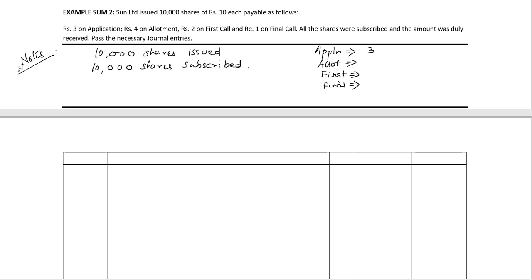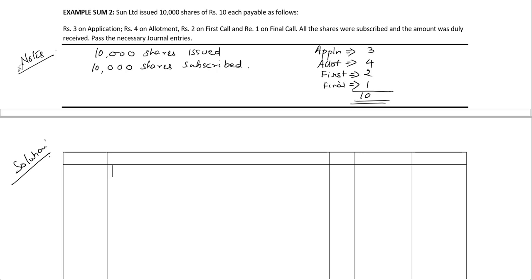It's 3 on application, 4 on allotment, 2 on first call, and 1 on final call. And we'll ensure that it totals to 10 because the share has been issued at par and the face value of the share is rupees 10. So the issue price is also rupees 10.